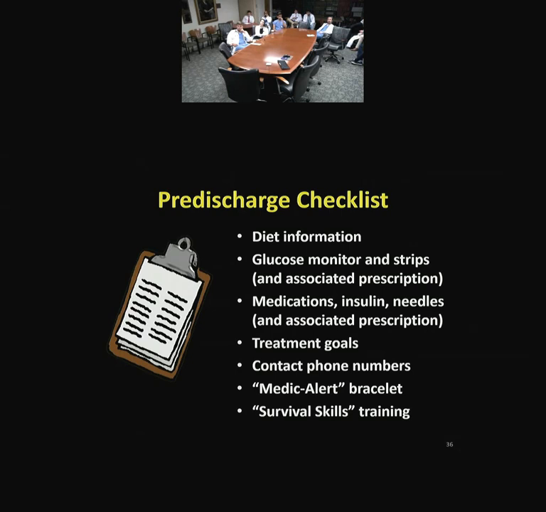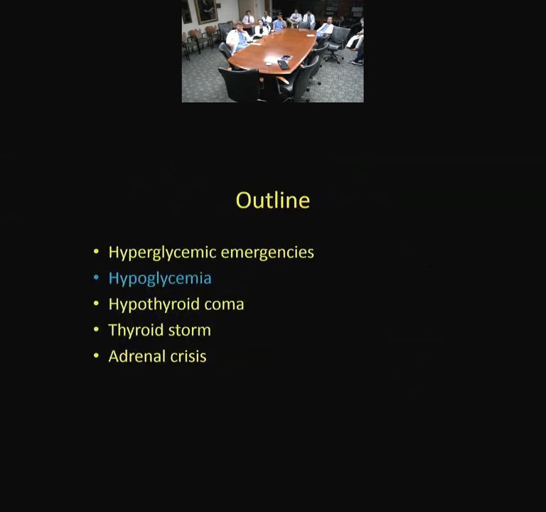Make sure they know their treatment goals and when to call, and give them a contact phone number for our clinic or for the educator. Make sure you send them with a medical alert bracelet, so if they get hypoglycemia or hyperglycemia in a store, people know what to look for. And survival skills training, so they know some rules on how to manage their diabetes. Any questions?